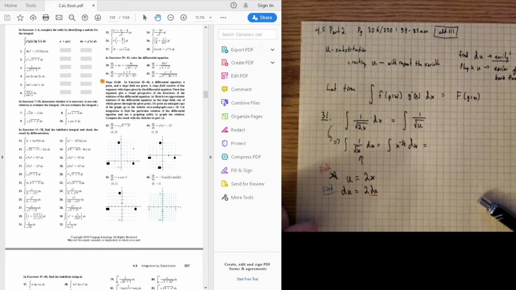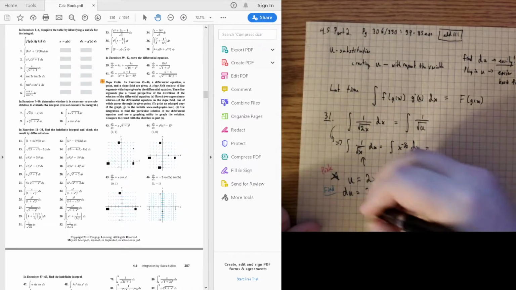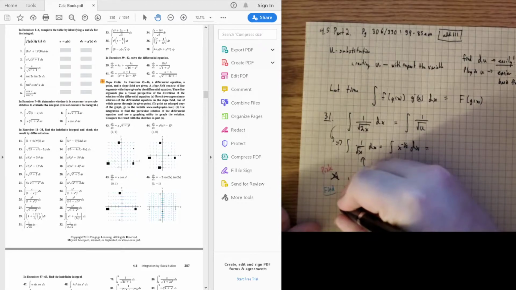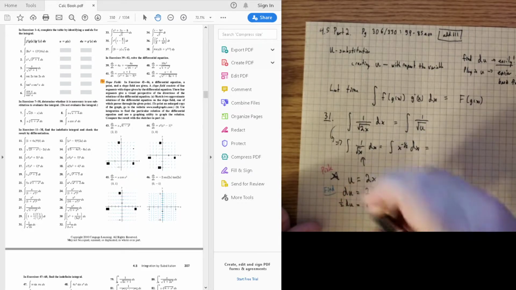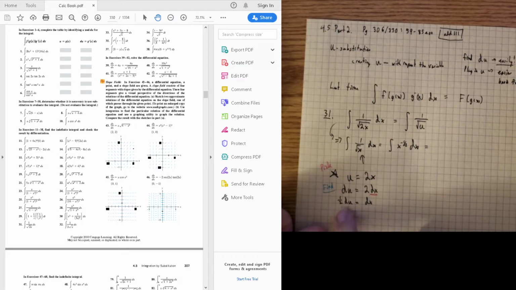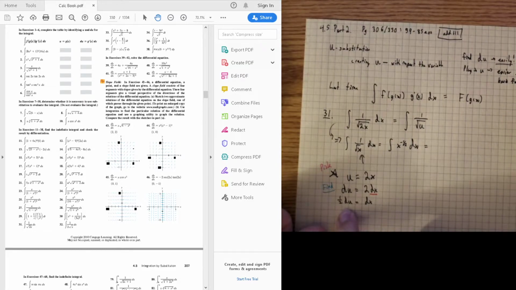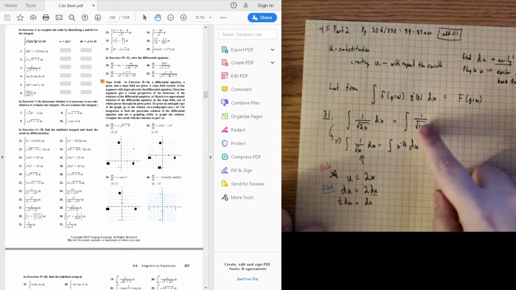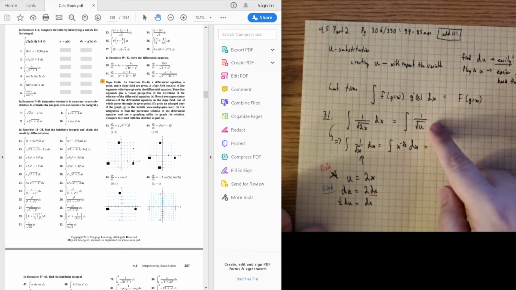Now, if we can plug in for u into 2x, we can also plug in for dx. We can treat dx like another variable, which means we can solve for it by dividing both sides by 2. And then everywhere there is a dx, we can replace it with its equivalent in terms of u. Because remember, we cannot integrate unless we have matching variables in the function and in the d component of the function.